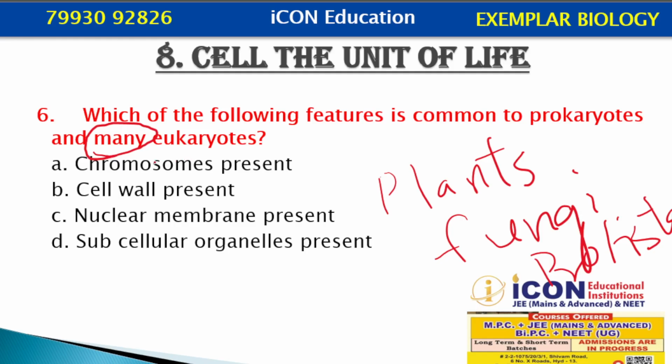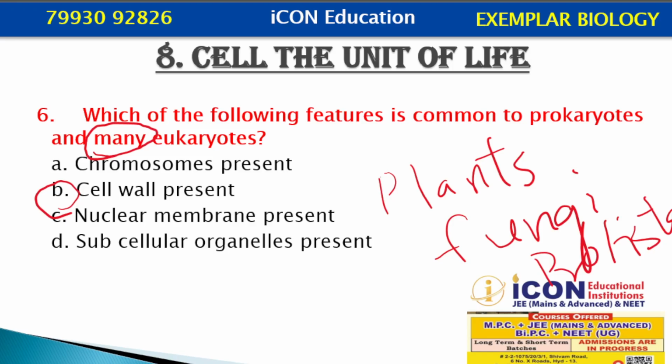I am not saying all eukaryotes here because animals will not have a cell wall. So the correct answer is cell wall present. Though the composition of the cell wall is different in prokaryotes and eukaryotes, cell wall is the common structure which is seen in both of them.